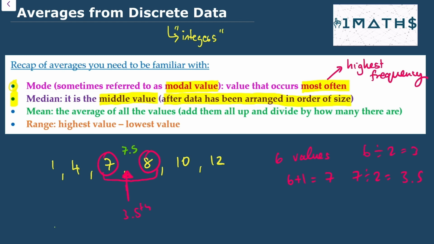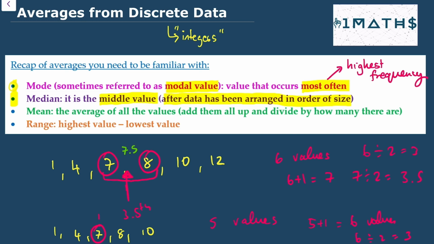Whereas if I just had 1, 4, 7, 8, and 10, I would have had 5 values, and therefore right in the middle here is this value. I can still use 5 add 1 gives me 6, and 6 divided by 2 is 3.